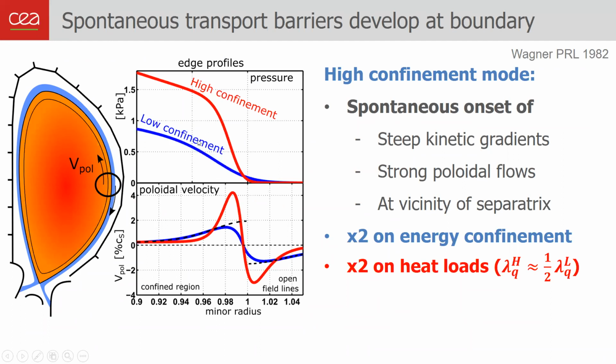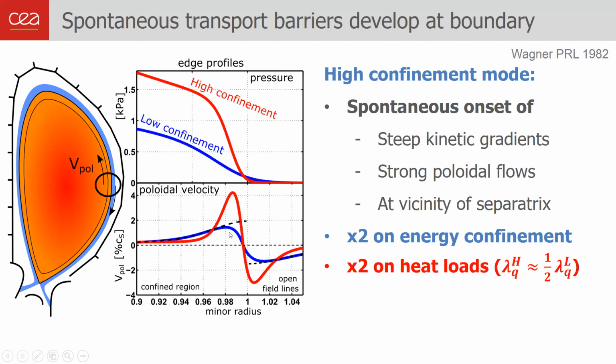And spontaneously, pressure can increase drastically at the edge, and of course, this increase goes up to the core. In fact, you have steep gradients appearing close to the separatrix. And this leads to an improvement of the energy confinement time by a factor of 2, which is significant.